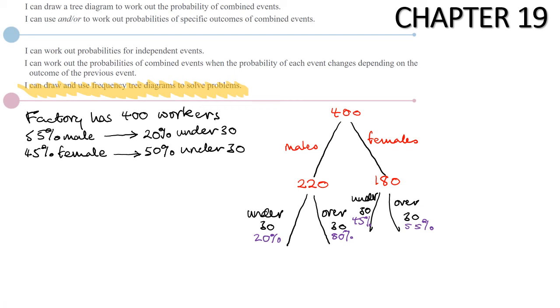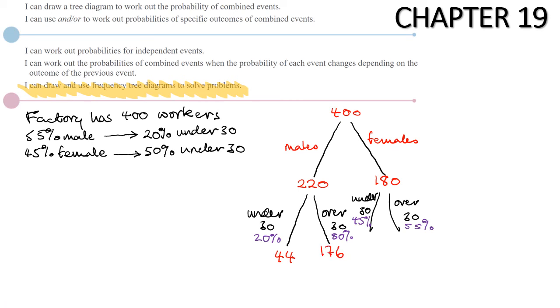So let's work out 20% of 220. So we can do 0.2 times 220. So that means that 44 of the males are under 30. I'll work out 80% of 220, or I could just take 44 away from 220, I get 176 here.